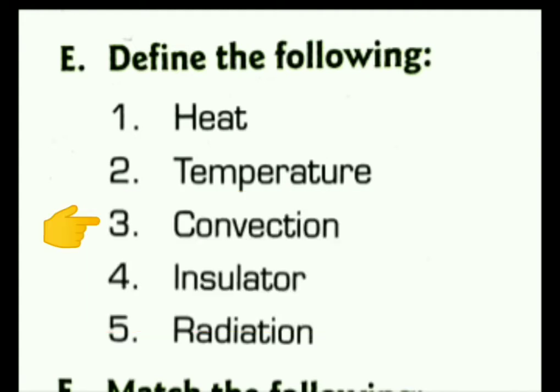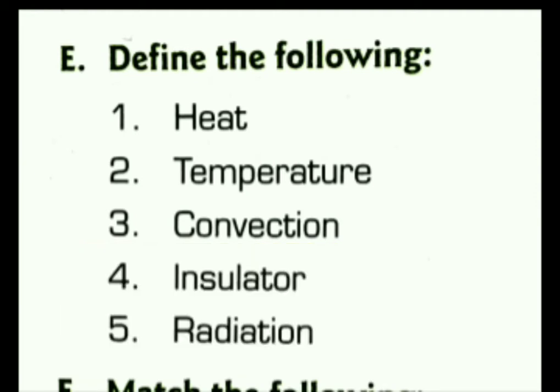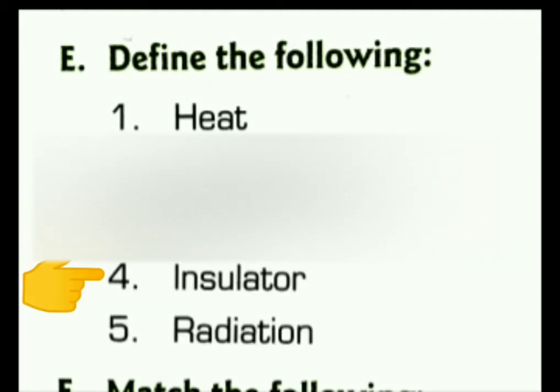Now E3, it is convection. Convection is the mode of transfer of heat with the movement of particles of the fluid itself. So you can write the definition of convection. Now question number 4, insulator.